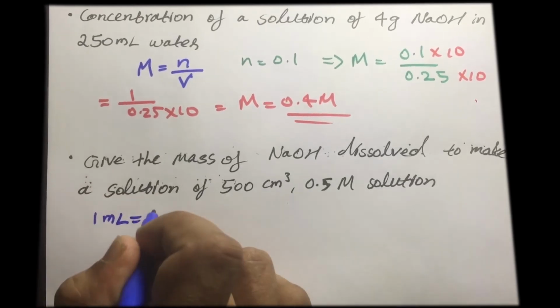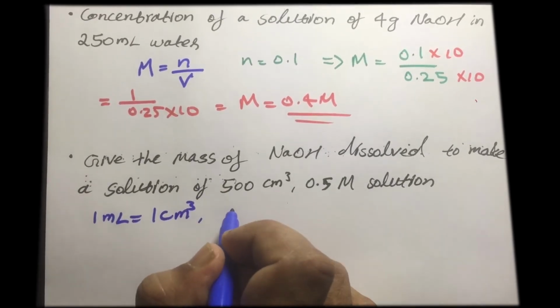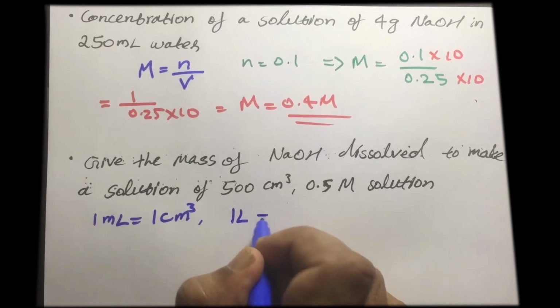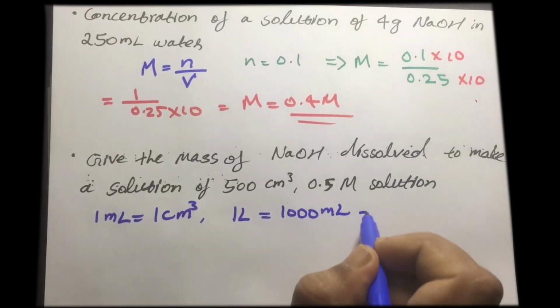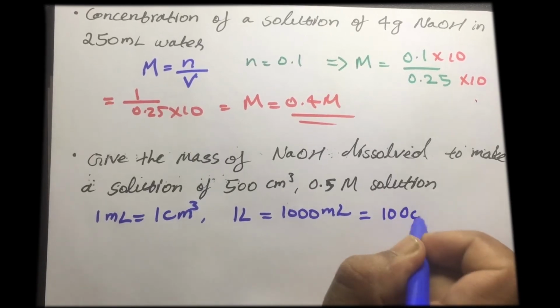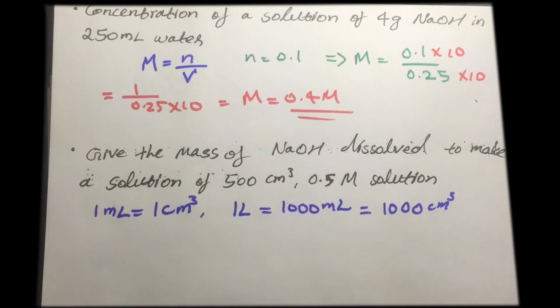So 1 liter is equal to 1000 milliliter is equal to 1000 centimeter cube.